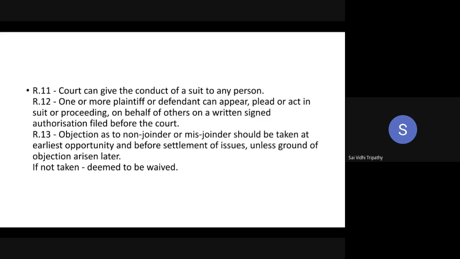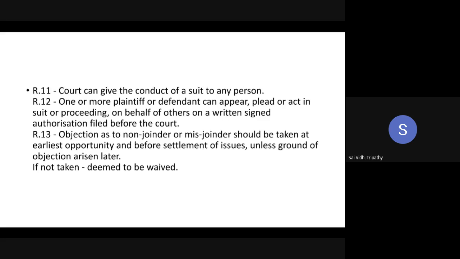and through that amendment a new party is joined, and you find out that the other party who purchased this thing has died and the legal heir who has to represent him has not been joined. In that case the ground of objection arises later, so even after settlement of issues you can raise that objection.